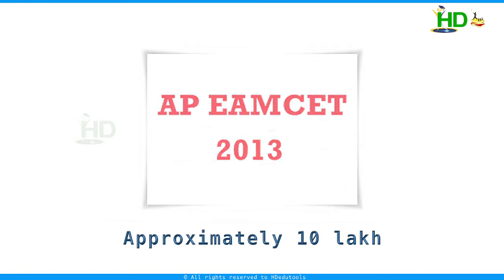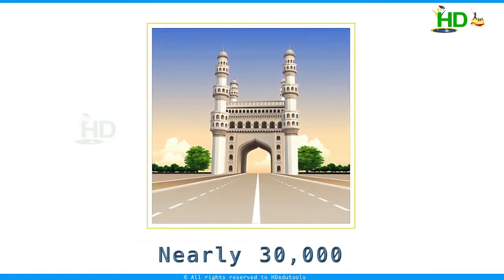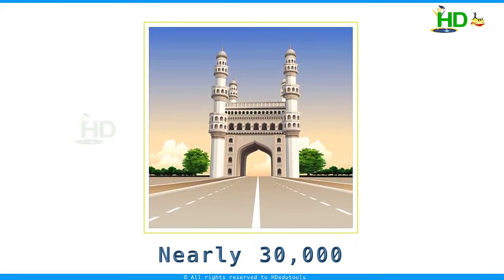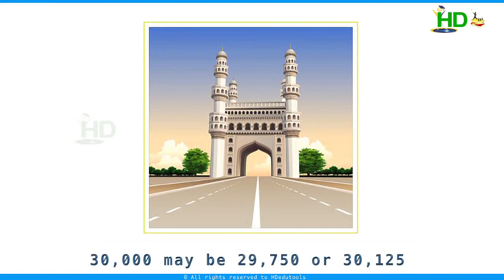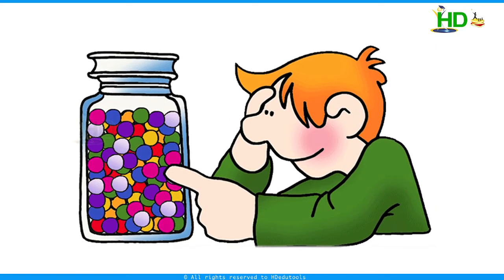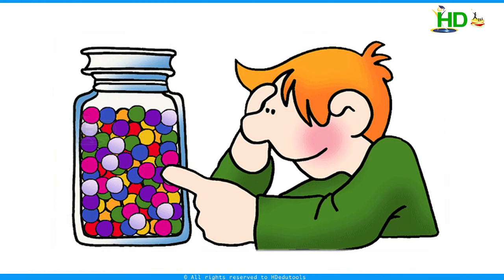Now these words nearly, approximately do not show the exact number of people. In fact, 30,000 may be 29,750 or 30,125. That is, it may be a little less or more, but not exact. That is, estimation is also a good way of checking answers.